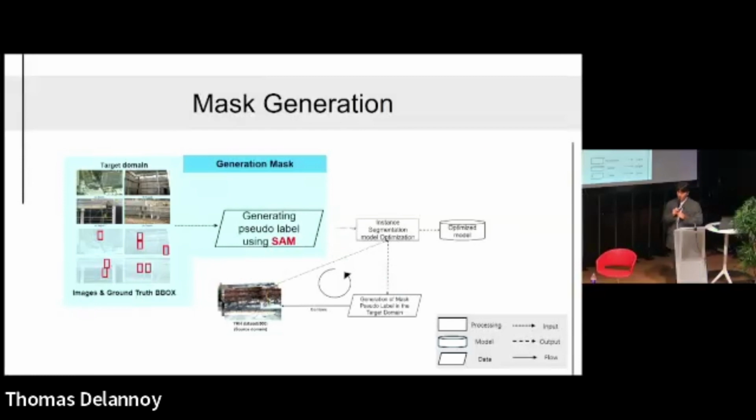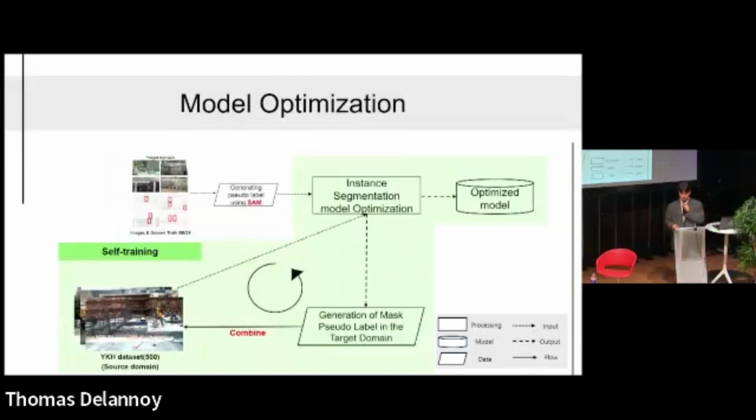In this study, first, we automatically generate mask label data by using SAM. The mask label data is generated using the target domain image and bounding box. This process utilized the ground truth bounding box. The generated mask label data is then used to optimize the model.